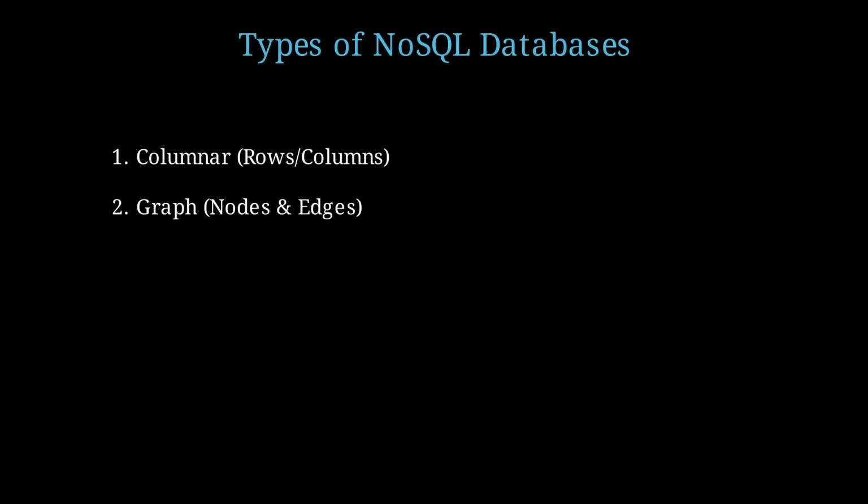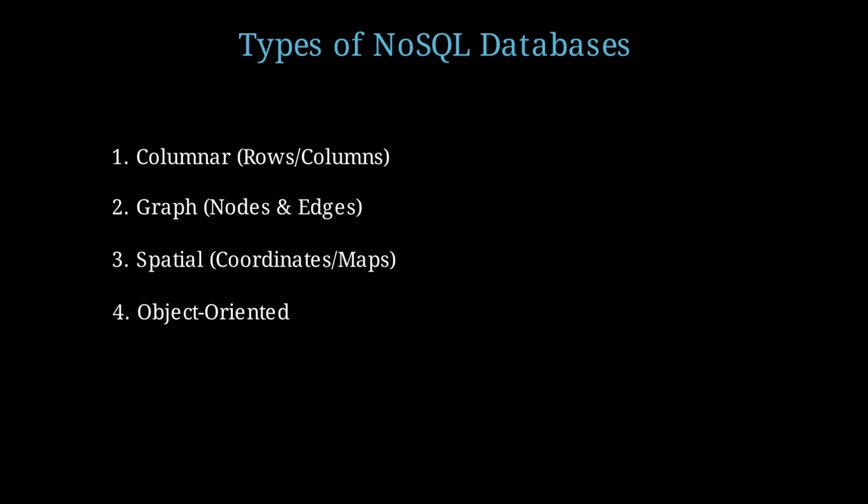Next, spatial database: spatial data means coordinates, like maps, longitude and latitude, and that kind of data is stored in a spatial database. Then object-oriented database, where data is stored in terms of objects.